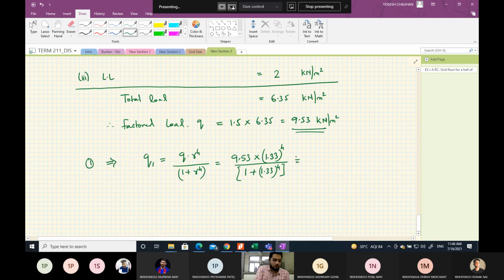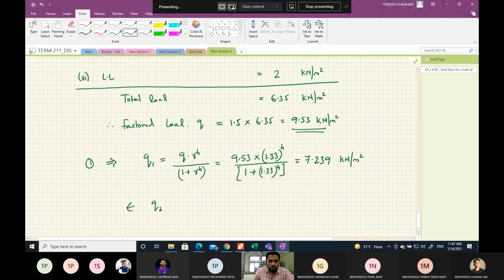So this will give you Q1 as 9.53 into 1.33 raised to the power 4 divided by 1 plus 1.33 raised to the power 4. So that is 7.239 kilonewton per square meter.